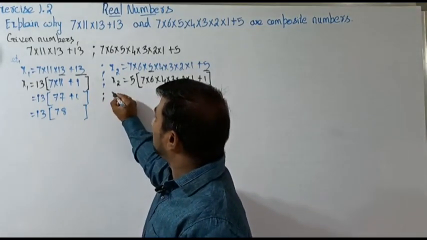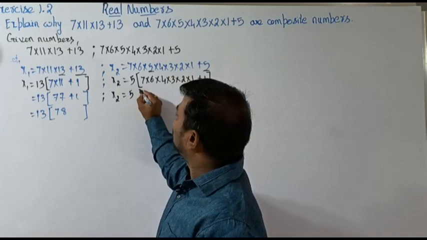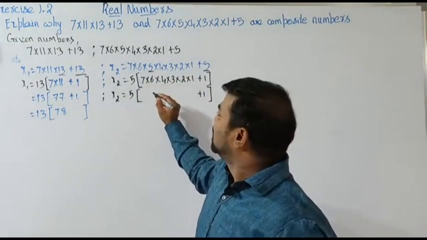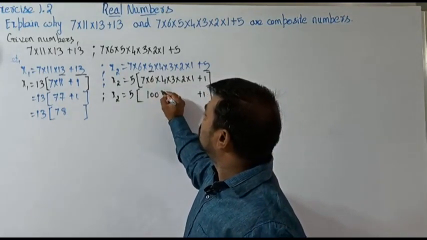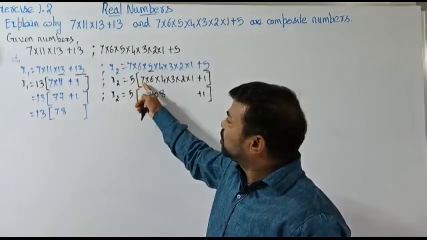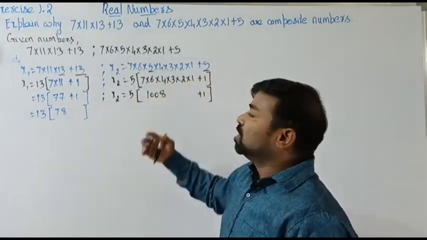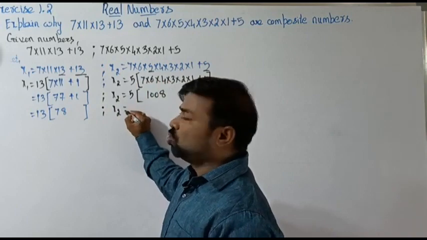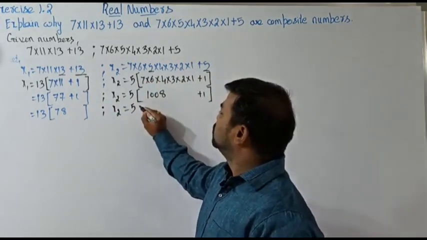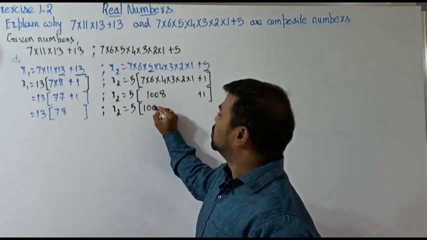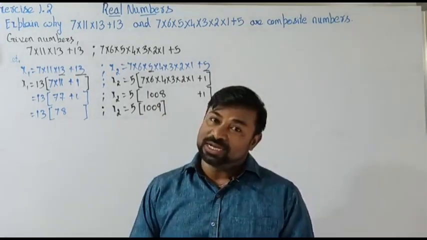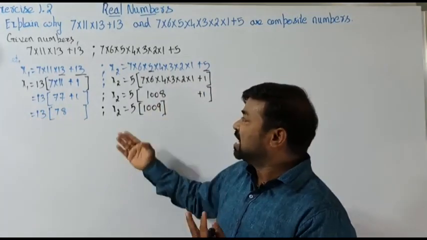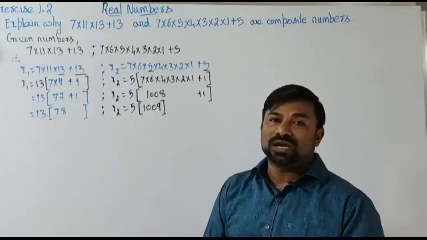Now on this side, x2 is equal to 5 into, if you multiply all this, 7 into 6 into 4 and so on, you'll get 1008. So x2 is equal to 5 into 1009. We are done till here. So now I am writing x1 as 13 into 78 and x2 as 5 into 1009.